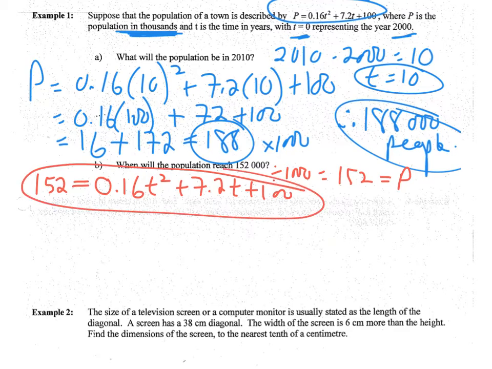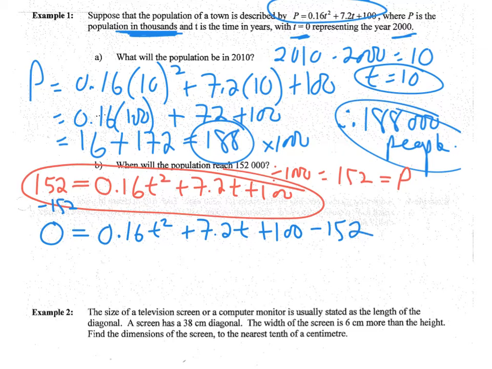We set the equation to 152. Now we're going to rearrange this into standard form. And that means we have to bring over the 152, so it's going to become negative. 152 minus 152 is 0 on the left side. And on the right side, it's 0.16 t squared plus 7.2 t plus 100 minus 152.